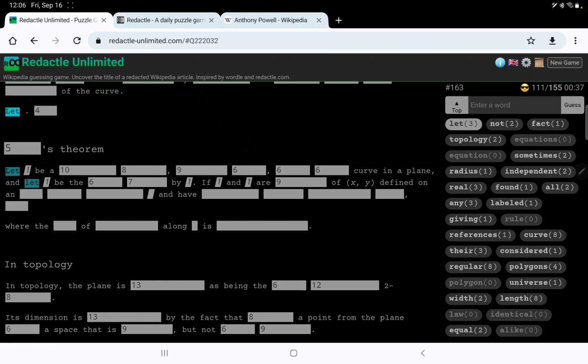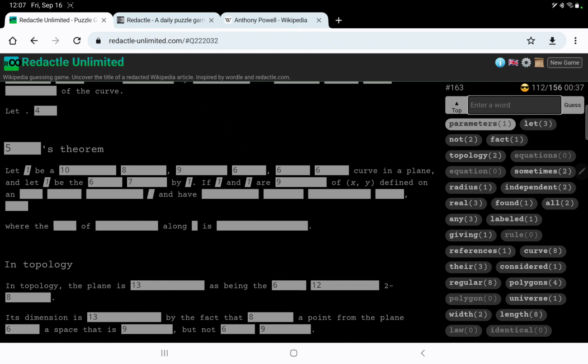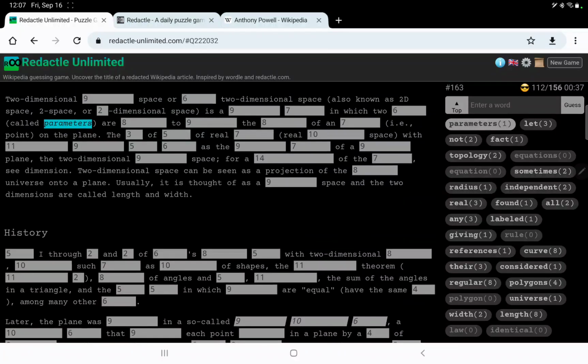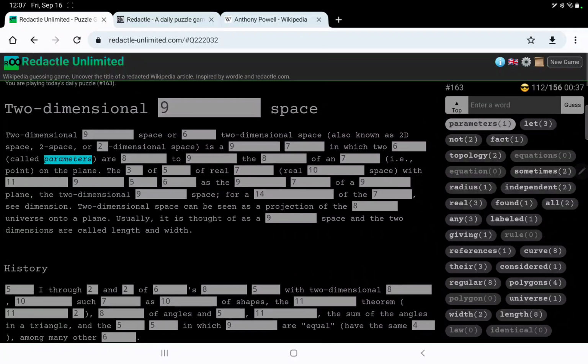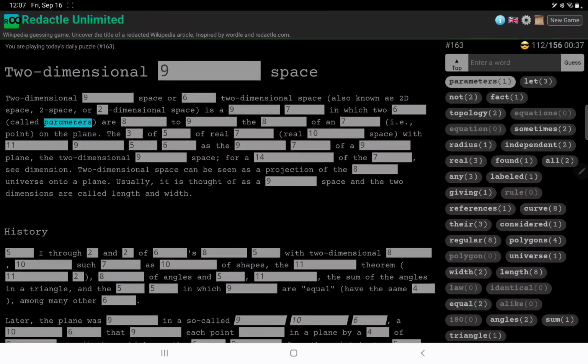Oh, no, parameters is too long. But let's put it in anyway. 1 parameters defined on an 4 6 10 something, where the 4 of 11 along something is, oh my goodness, 16 letters. In which two, so parameters in the very first paragraph.